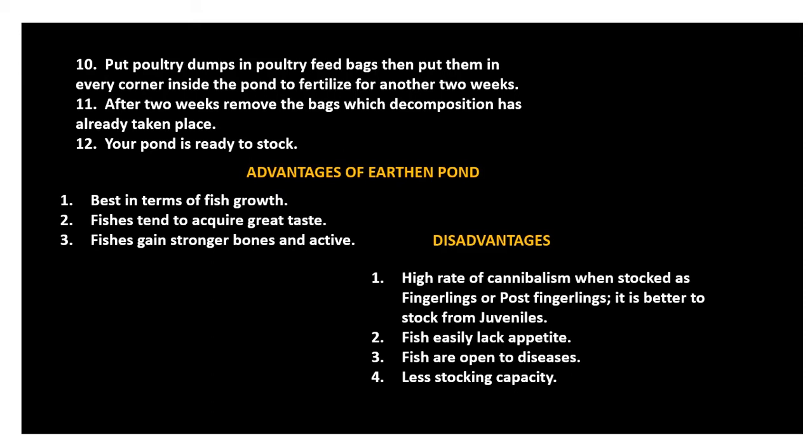Three, fish are open to diseases. The pond is always open, you don't flush the water, and the water is always there, so they can always get infected easily. What you do to prevent this is you always add water, even when the water is not going down.